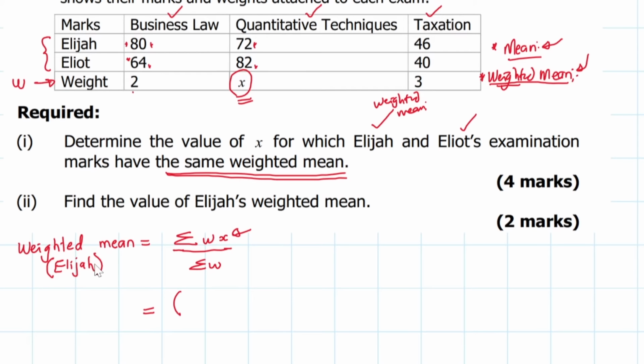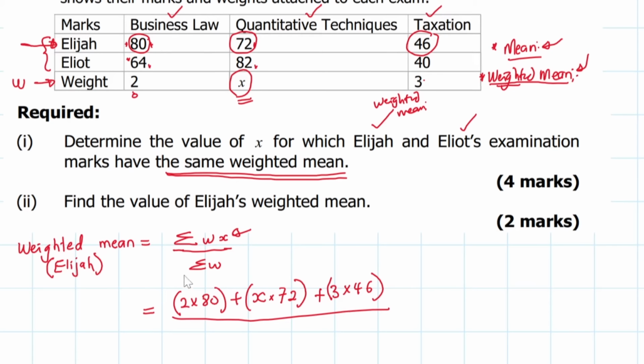We remember we're looking for Elijah, so these are the values of x we are going to be looking at. For Elijah, it's going to be the weight, which here is 2 times 80, plus x times 72, plus 3 times 46.